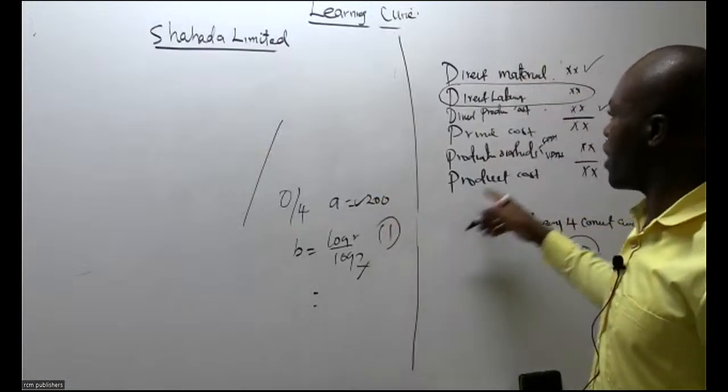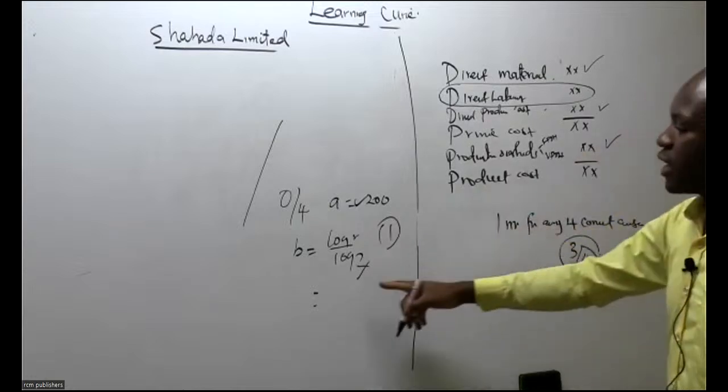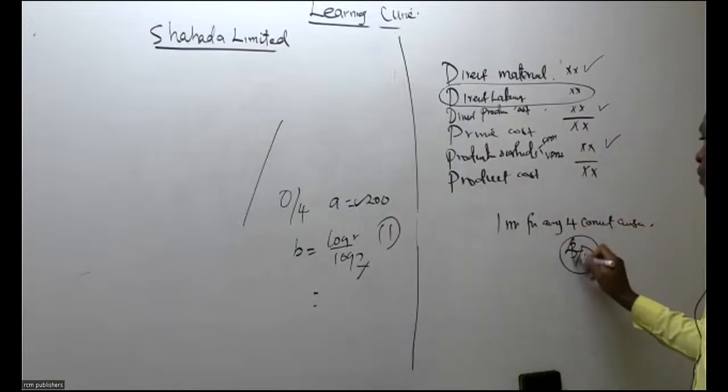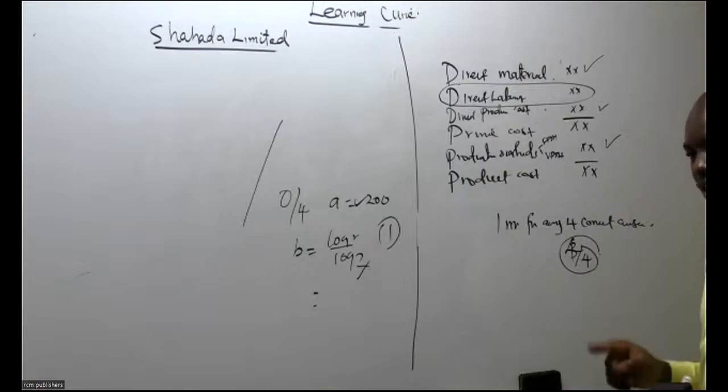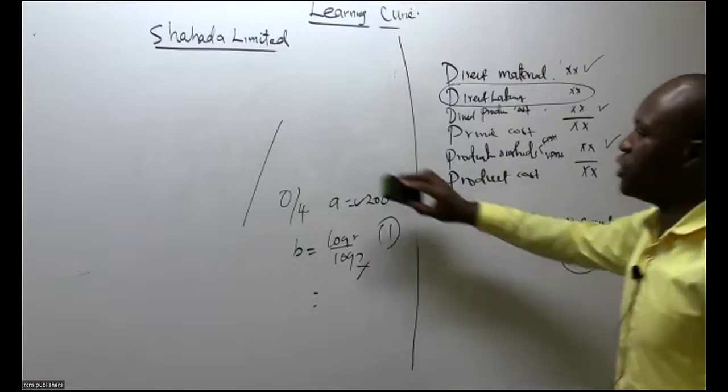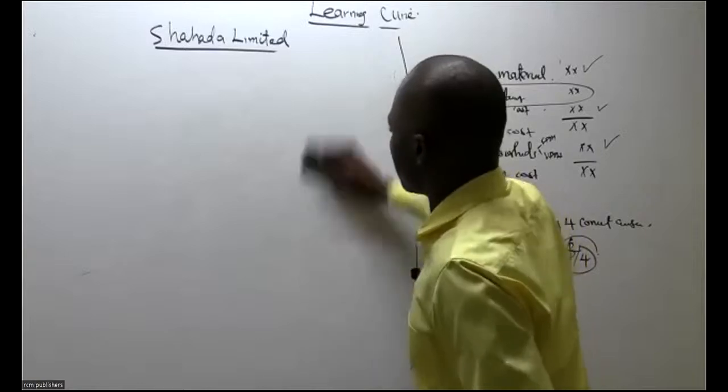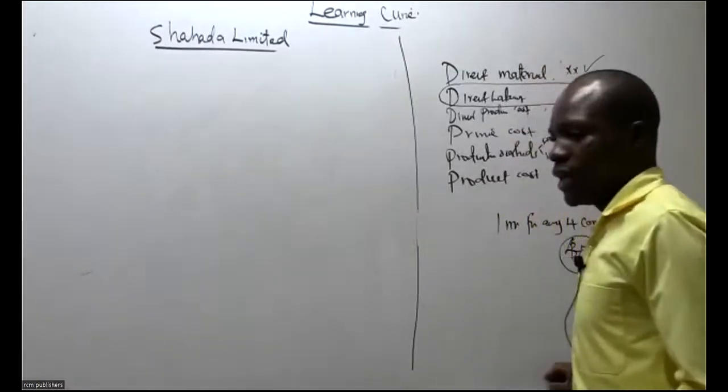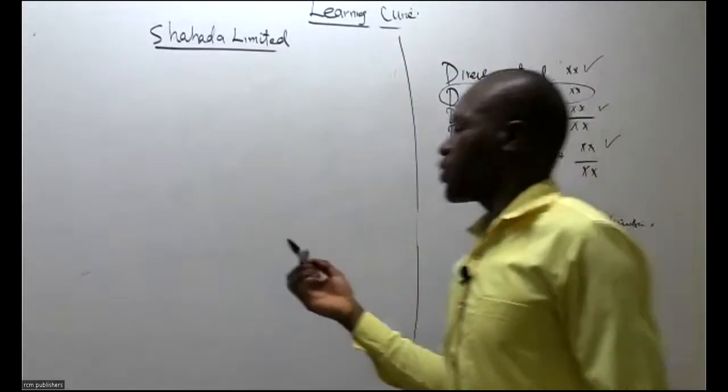If that 1 mark you add to this, even without getting the correct answer, you already have your 4/4. So that's the strategy which we need to follow and try to attempt at least all the questions.